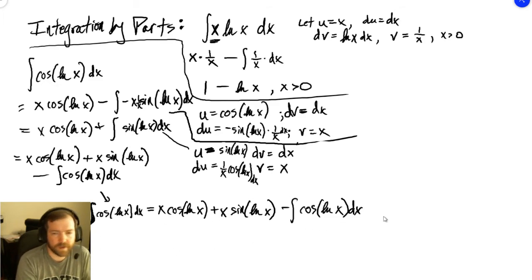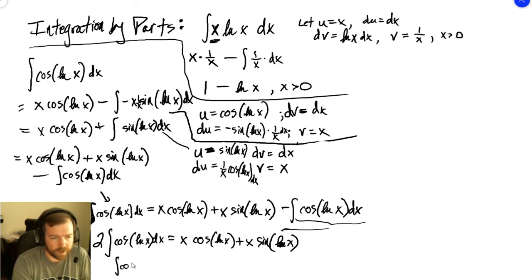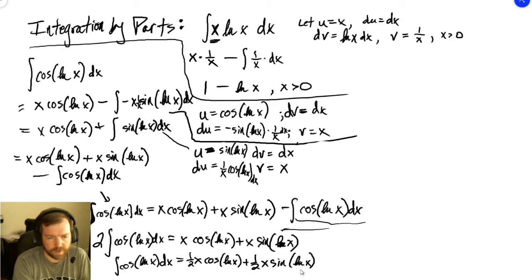Once we do that, this stuff will kick over to the other side, and then we're going to have 2 integrals of cosine of natural log of x dx is equal to x cosine natural log of x plus x sine of natural log of x. And then we divide both sides by 2. So the integral of the cosine of natural log of x dx is equal to 1/2 x cosine natural log of x plus 1/2 x sine natural log of x.